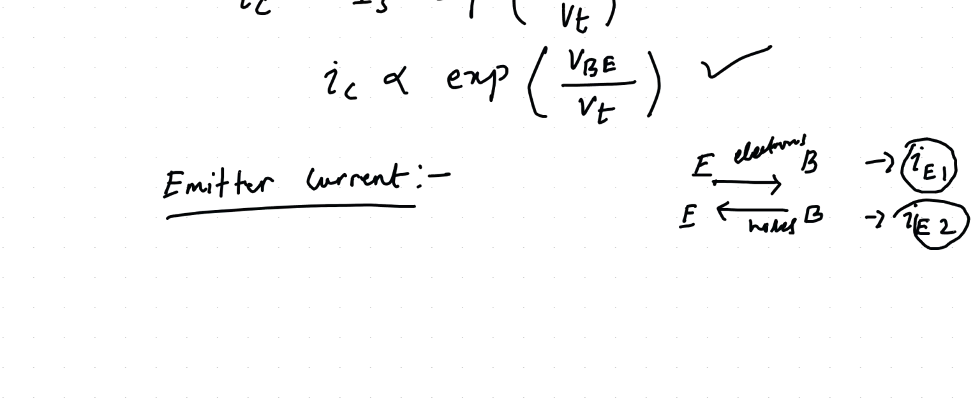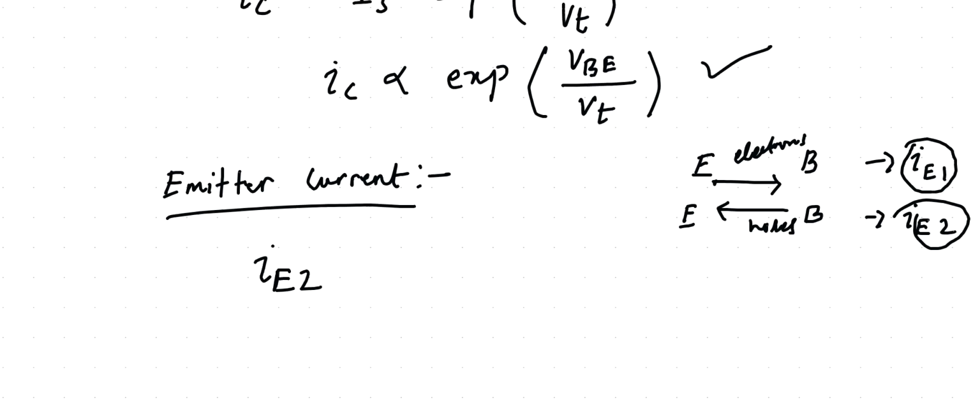So that part of the emitter current component will be there. So if I rewrite this, we can write IE2, the component due to the injection of holes from the base to the emitter.